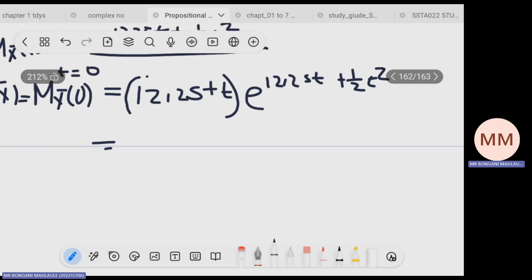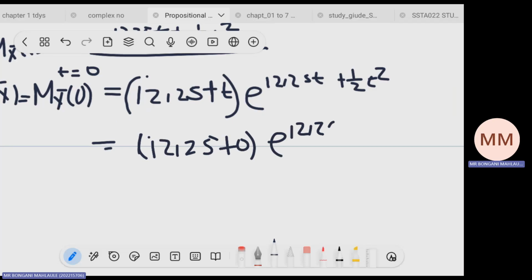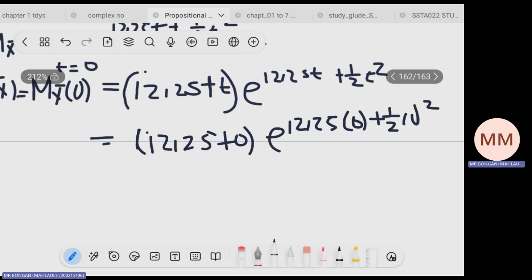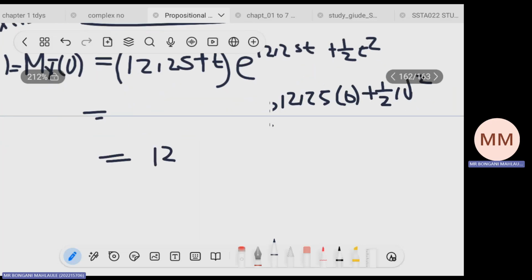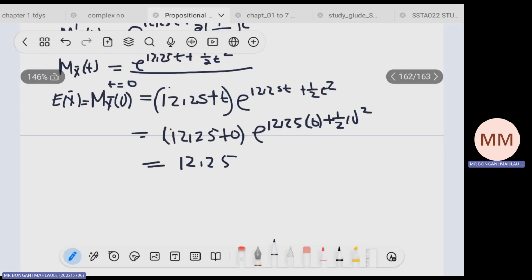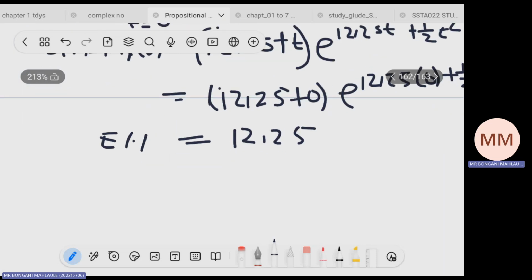Then you can substitute t, and this will give us 12,25. But we already knew this expected value of x.